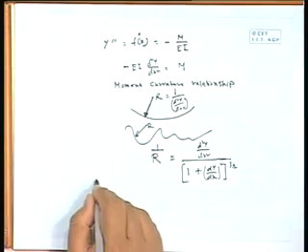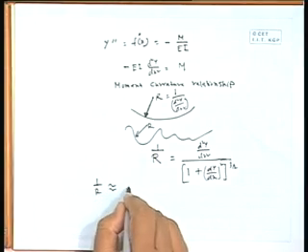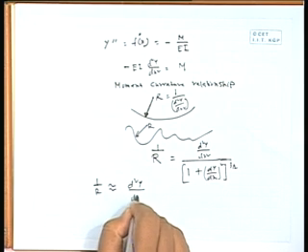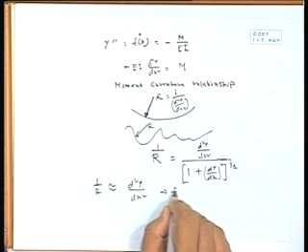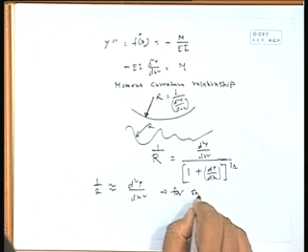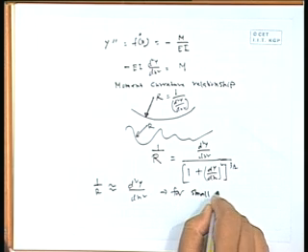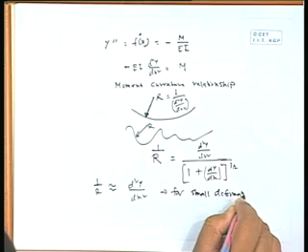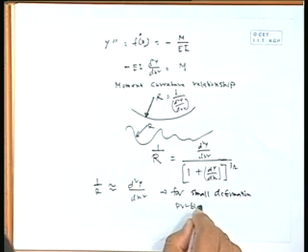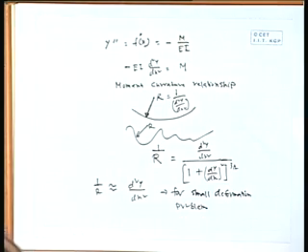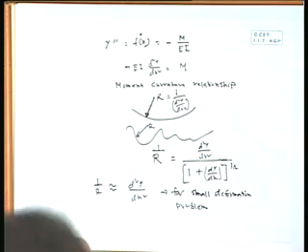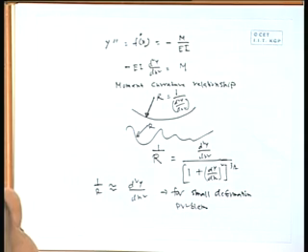So, approximately we can write 1 by r is d2y by dx square for a small deformation problem. In our case, it will be a small deformation problem. So we can simply write 1 by r equal to d2y by dx square.